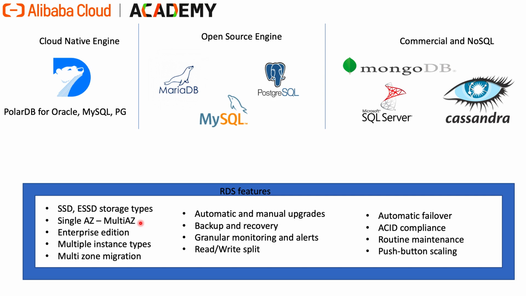This can be useful for cases where you want low latency. And in those cases where you want to place both of your instances, that is primary and standby, in different availability zones, you can use multi-AZ.